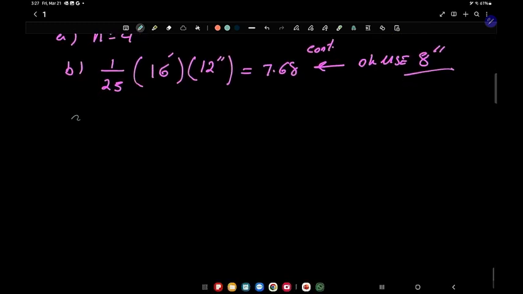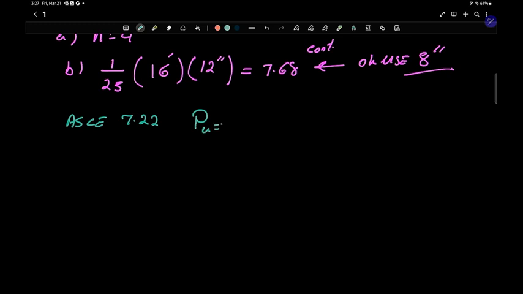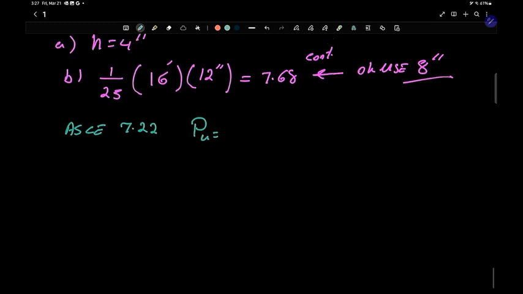Then we're going to go to ASCE 7-22. We're going to calculate the load. Our Pu, which is the reaction that's been given to us, is 1.2 times dead load plus 1.6 times live load, and our total load comes out to be 64.8 kip.